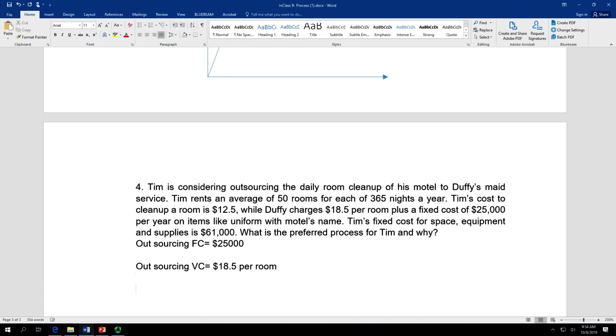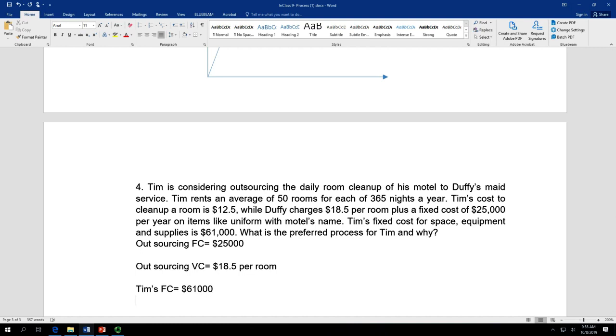And if he did it on his own, the team's fixed cost is also stated clearly: the team's fixed cost for space, equipment and supplies is 61,000.